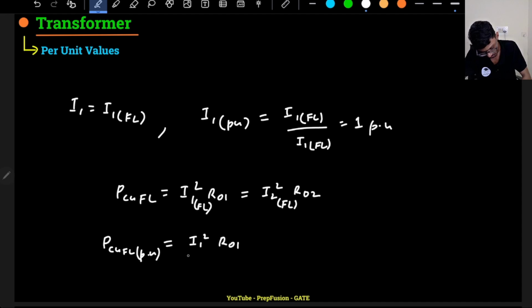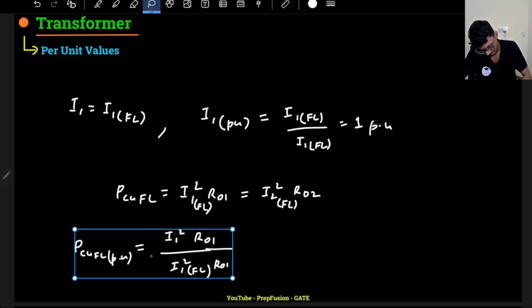Actual value upon the full load value. Full load value will be I1 FL whole square into R01. Okay, so this is the per unit values. I'm just thinking, am I doing anything wrong? R01 will not change, right? R01 will be same only. Yes. So if I1 is I1 FL, then this will automatically get cancelled.